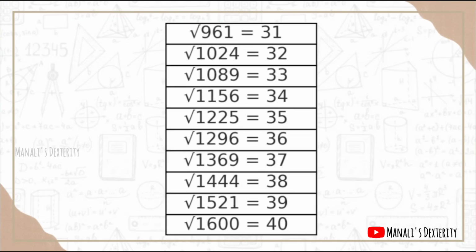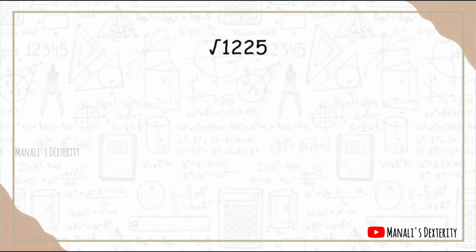But when the number gets bigger, memorizing square roots is not practical. That's why today I will teach you a simple method you can use for any large perfect square. We will start with easy examples, then go to the bigger numbers, and finally we will solve a huge six digit number to impress your friends.